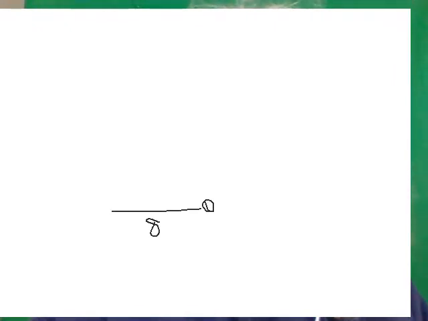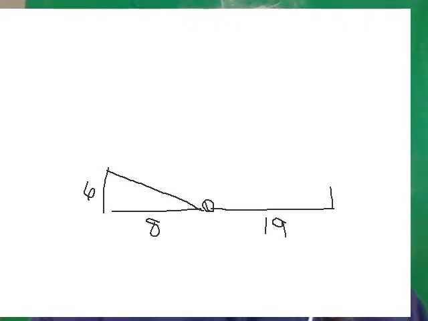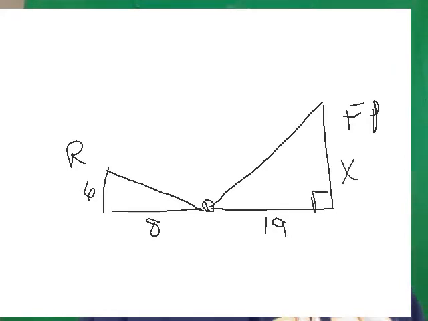Here's Ricky. He is 6 feet tall. So there's kind of my right triangle there. All right. The mirror is 19 feet to the flagpole. So that's Ricky. Here's my flagpole. Connect that to the mirror. And this is my X.